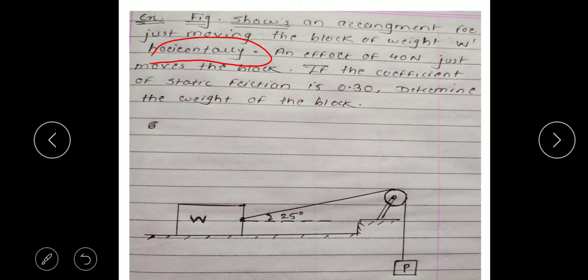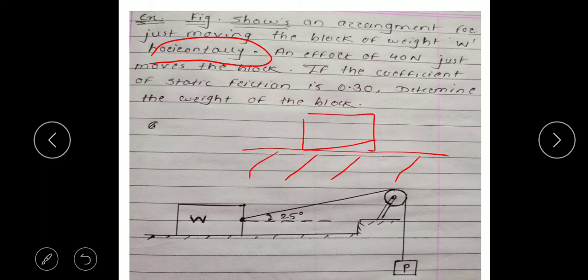Here the word is horizontally, so the body is moving on the horizontal surface, that's why it is related to type A. Type B is related to the inclined surface, so horizontally means type A.